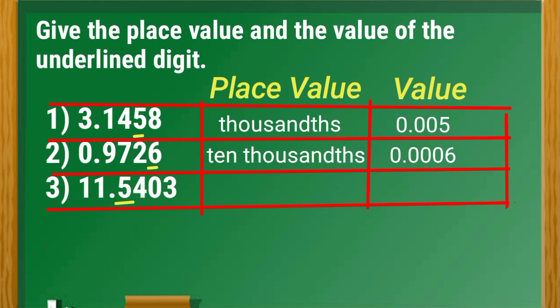Let's have number 3, 11.5403, or can be read as 11 and 5,403 10,000ths. What is the place value of the underlined digit? What is the underlined digit? That is 5. And the place value here is tenths because it is directly after the decimal point. And then the value is 5 tenths and can be written as 0.5.